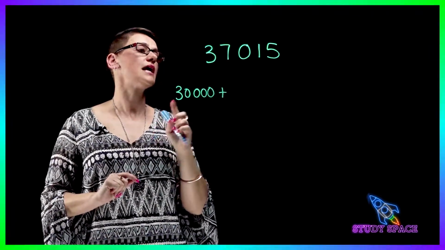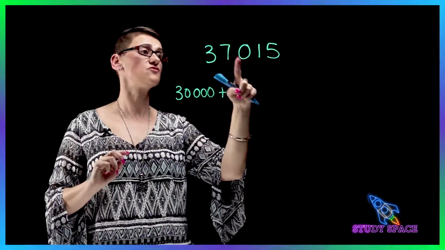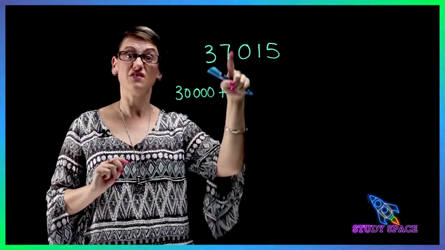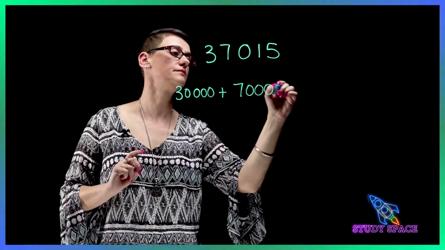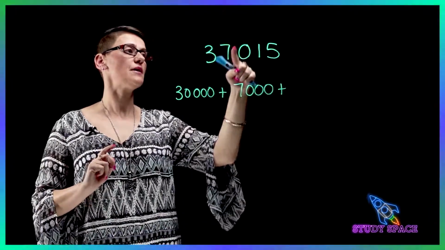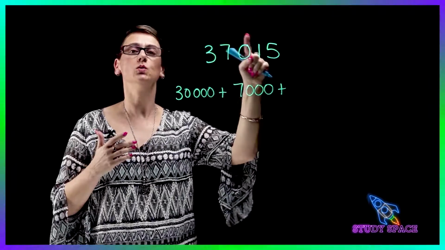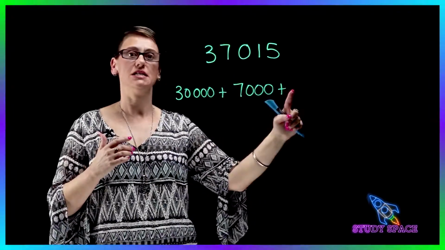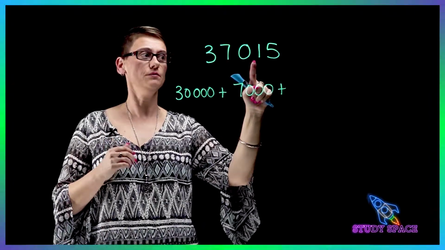Okay. So now the 7. So the 7 represents ones, tens, hundreds, thousands. So that's worth 7,000. So we write 7,000. Okay, so now we're up to the 0 again. So again, we don't need to write the 0 because it just holds a place value, but we don't need to add it. Okay, so we jump to the next one, which is the tens column.